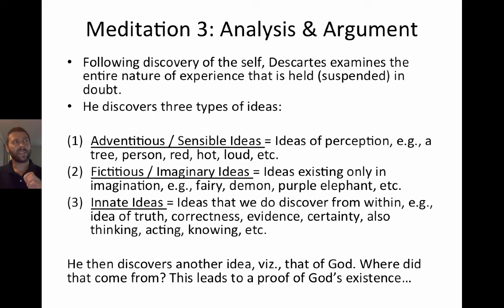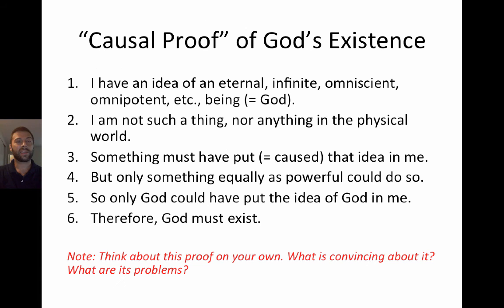And then he begins to think, and he says, wait a minute, I have this one very strange idea. And of course it's this idea of God. But what is this idea, right? And so when he starts to ask this question, this leads him to a proof of God's existence, right?